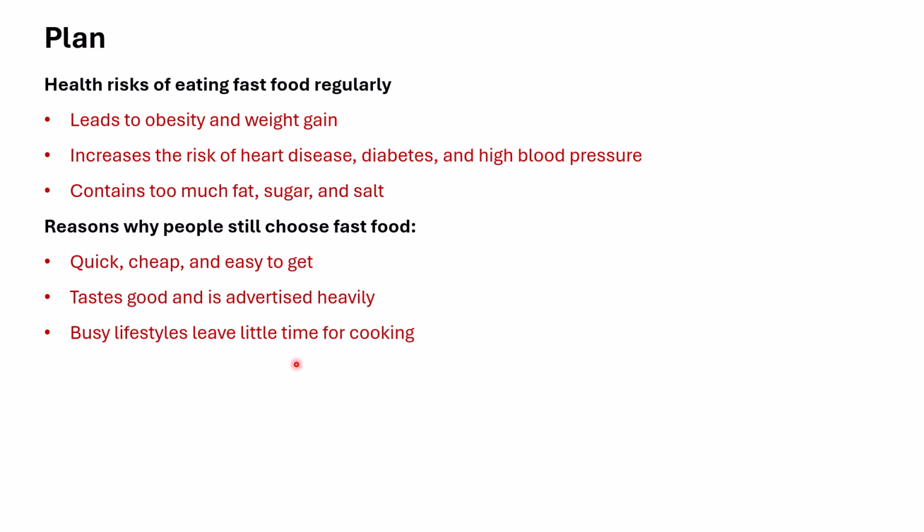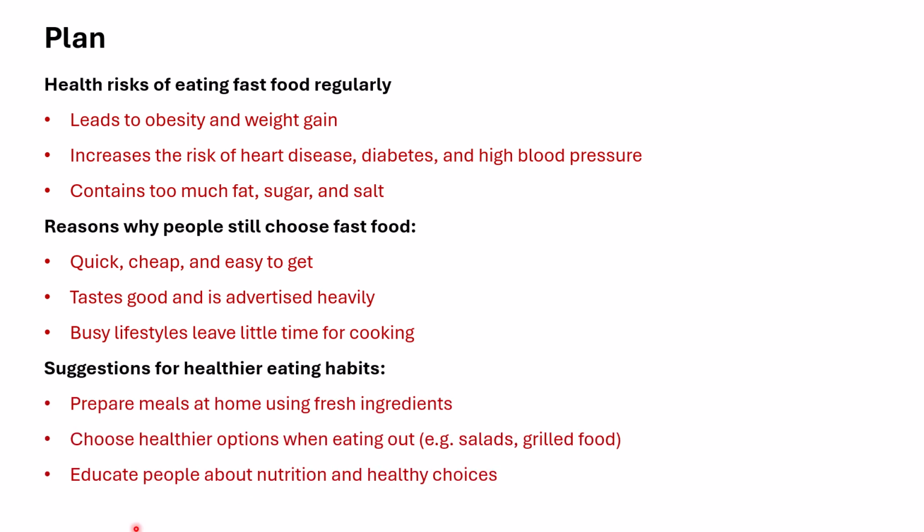So this is just an example for you to understand clearly. That's why this topic has been used here. Okay, so reasons why people still choose fast food. You can see it is quick, cheap, and easy to get, tastes good, and it is advertised heavily. Busy lifestyles leave little time for cooking.